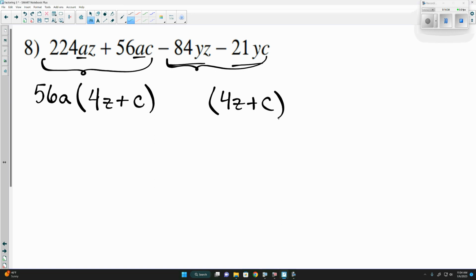Now, this has yz, this has yc, so I know one of them has to be y. Both of these numbers are negative, and they need to both become positive, so I know I'm going to have to factor out a negative. This also has to go from 21yc to 1yc.